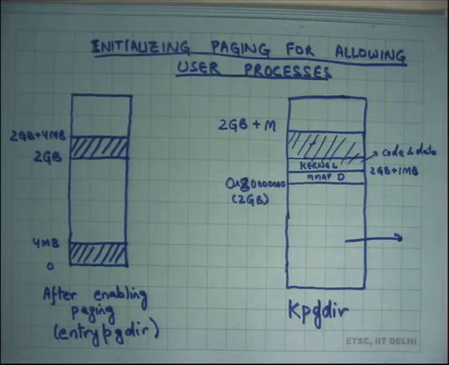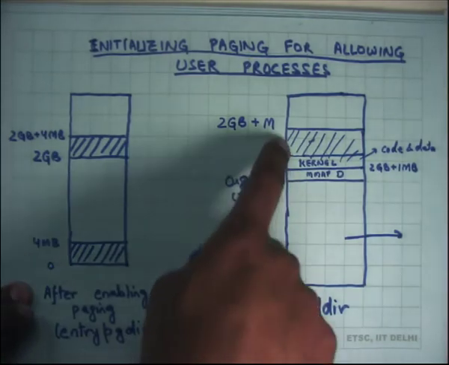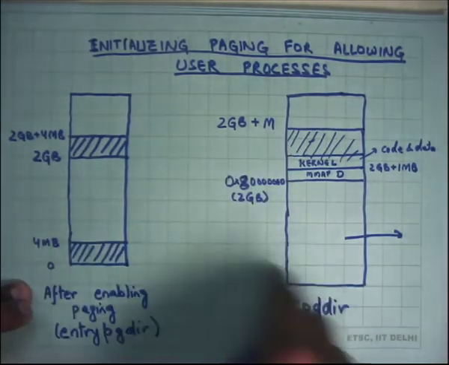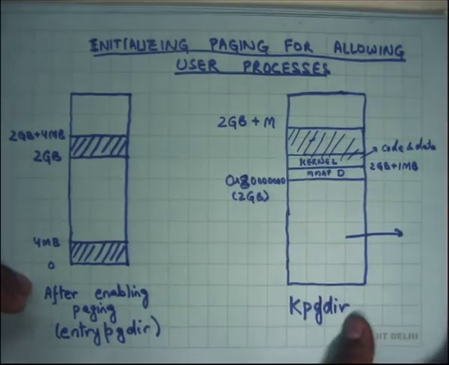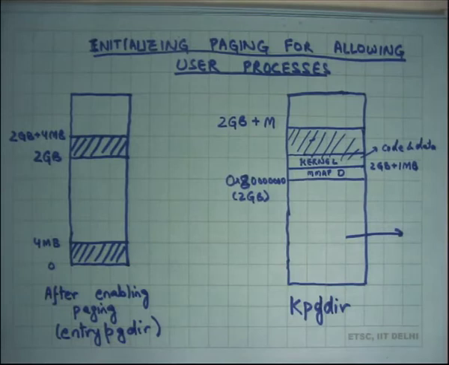These are two names for the same physical location: one name will be kern base plus something, and the other name will be wherever the user wanted to allocate it.